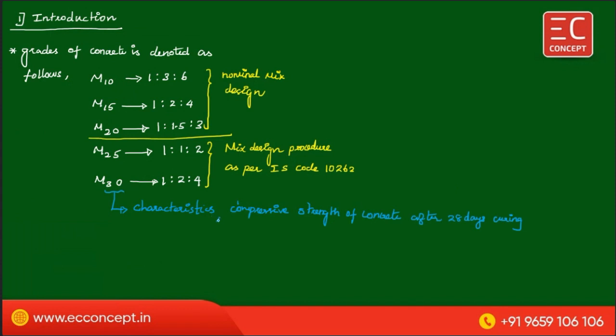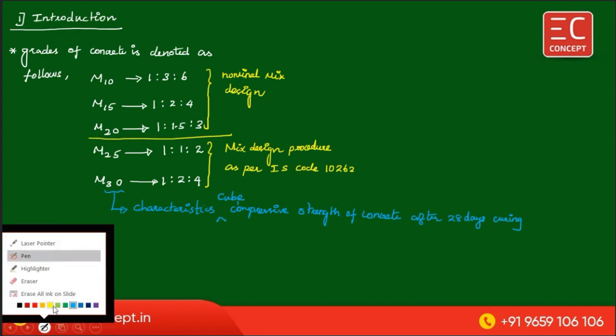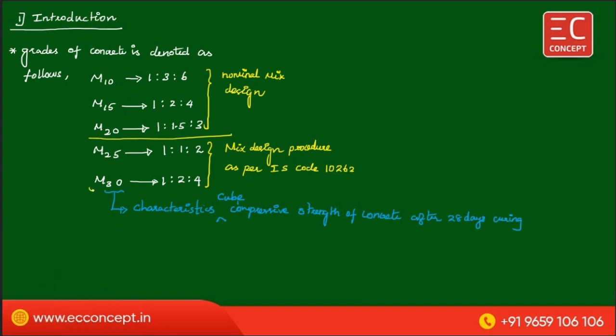Characteristic cube compressive strength. In India we will use a cube, but in the USA people will use cylinder. The next one is, in this one, the M represents the mix ratio. M10 means M means mix ratio. For 1:3:6 mix ratio, you will get a characteristic cube compressive strength of 10.